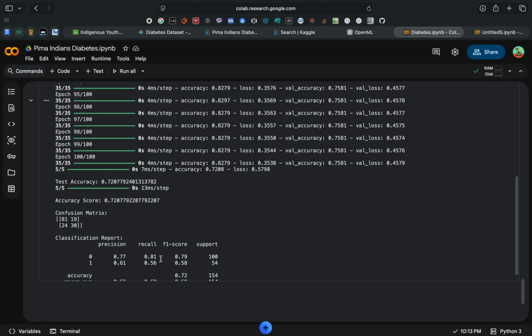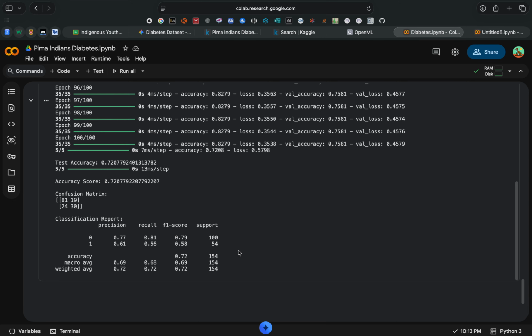The model performed better at identifying non-diabetic patients than diabetic patients. The recall for the diabetes class was 0.56, meaning it caught about 56% of the actual diabetes cases. In a real medical setting, this would need improvement because false negatives are important. A false negative means a patient who actually has diabetes is predicted as not having diabetes. However, for a small neural network on a small data set, the result is reasonable and demonstrates the main machine learning workflow.